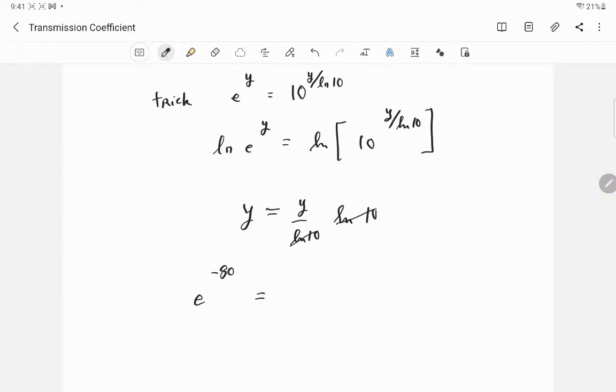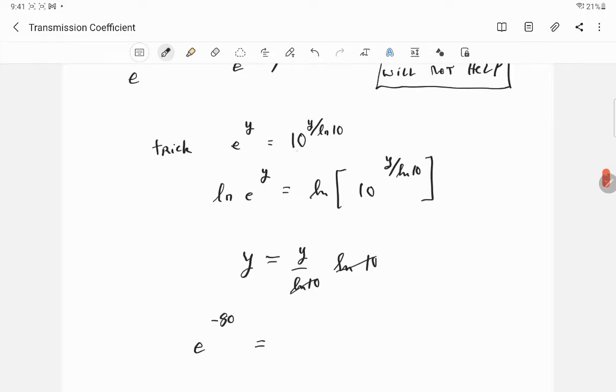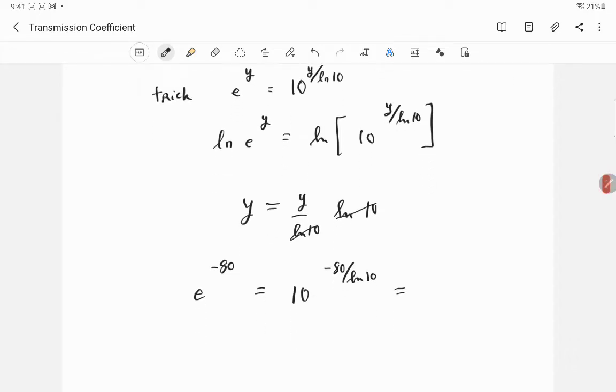What this does is it converts something like e to the minus 80 into 10 raised to minus 80 divided by the natural log of 10. Your calculator easily calculates the natural log of 10. Your calculator easily calculates 80 divided by the natural log of 10. So if you look at what this kind of number is, I'm going to calculate it on my calculator really quick.